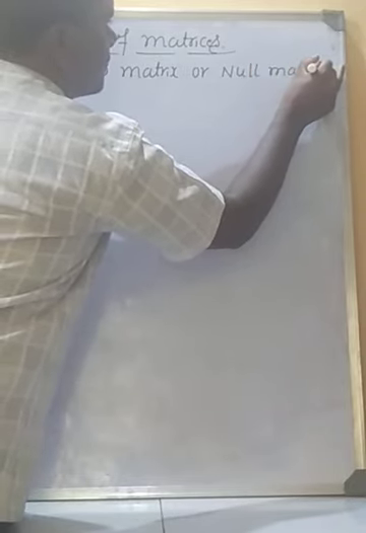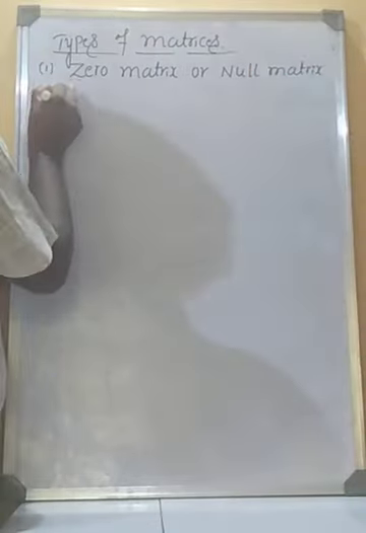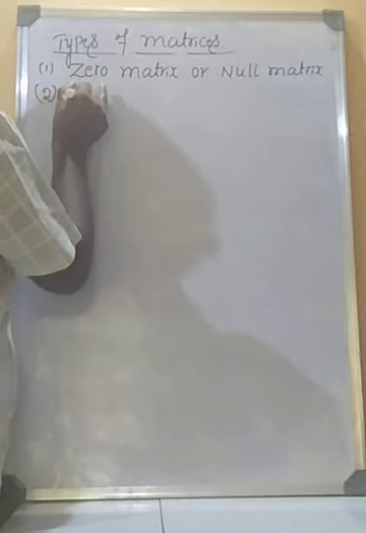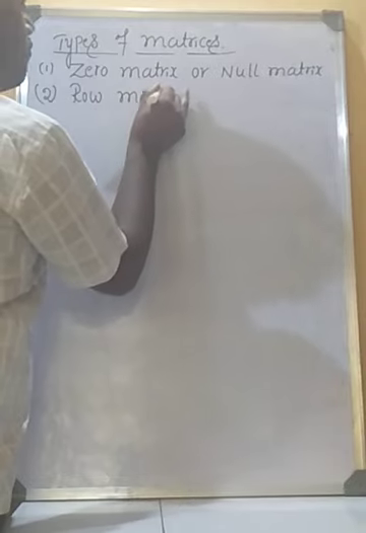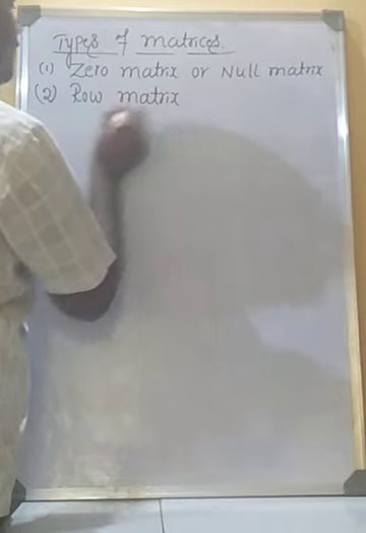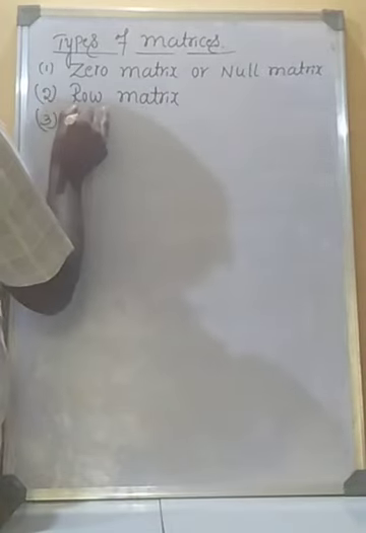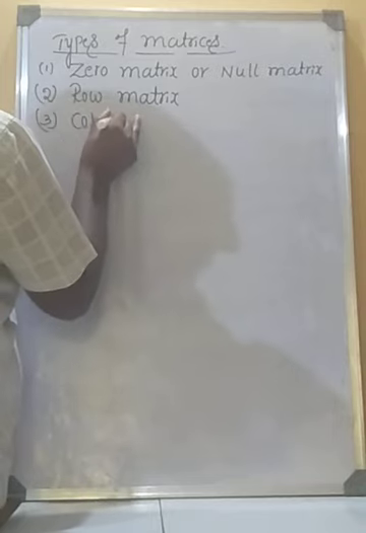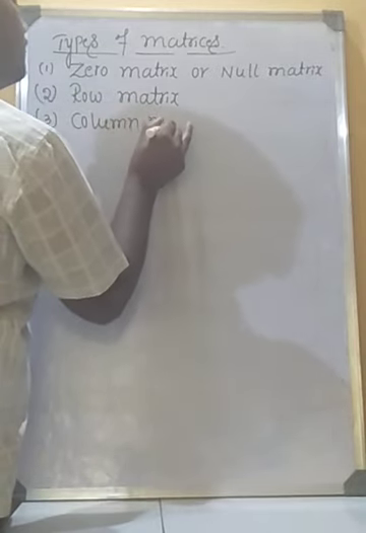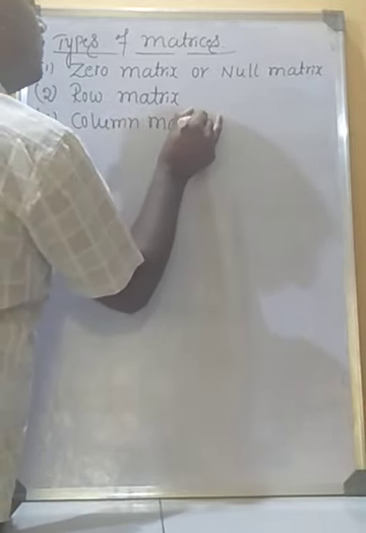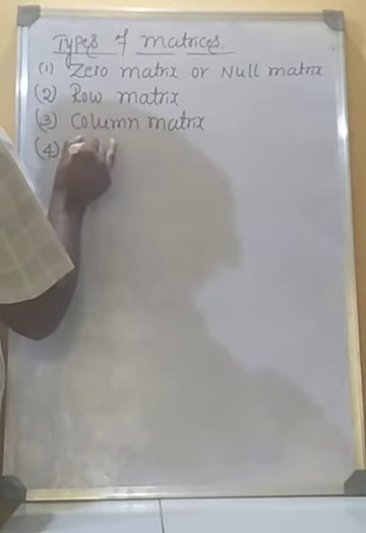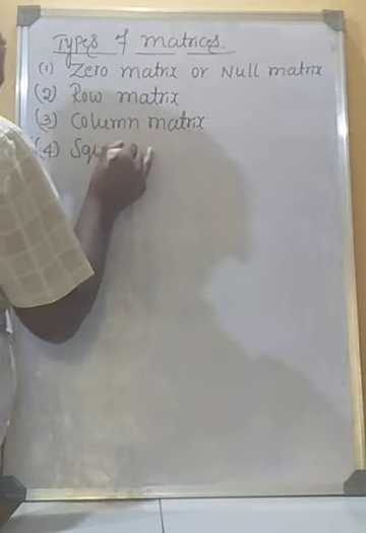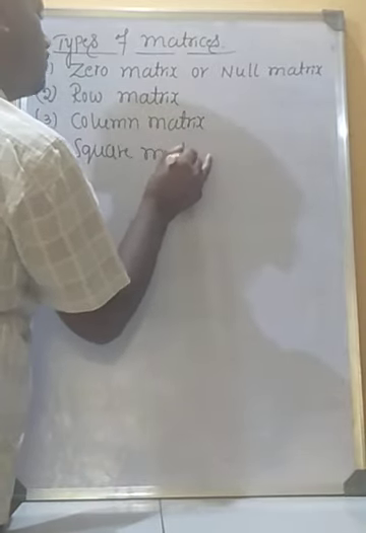Second, row matrix. Third, column matrix. Fourth, square matrix.